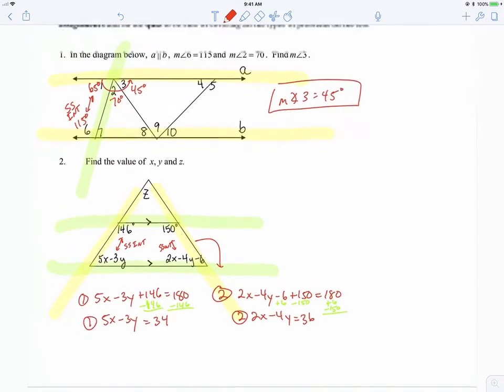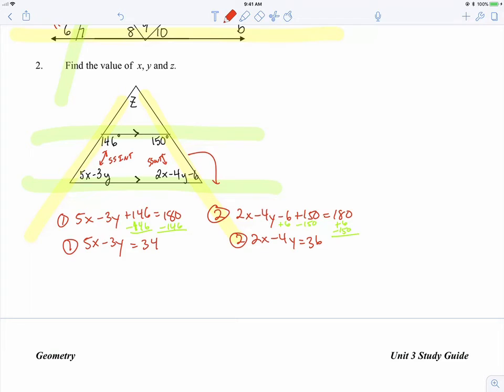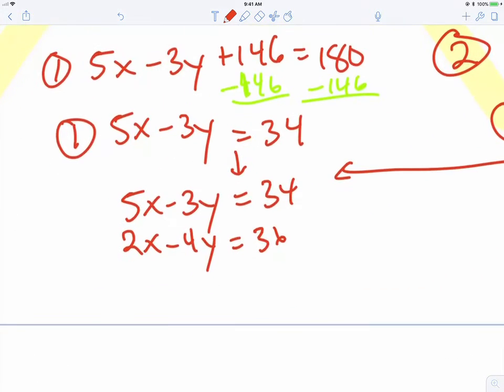So now we are going to make our system with those two equations. I'm going to cancel out my x.